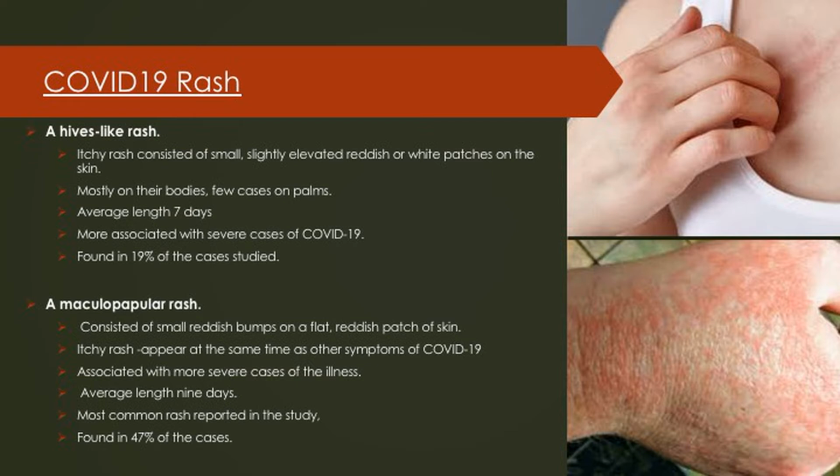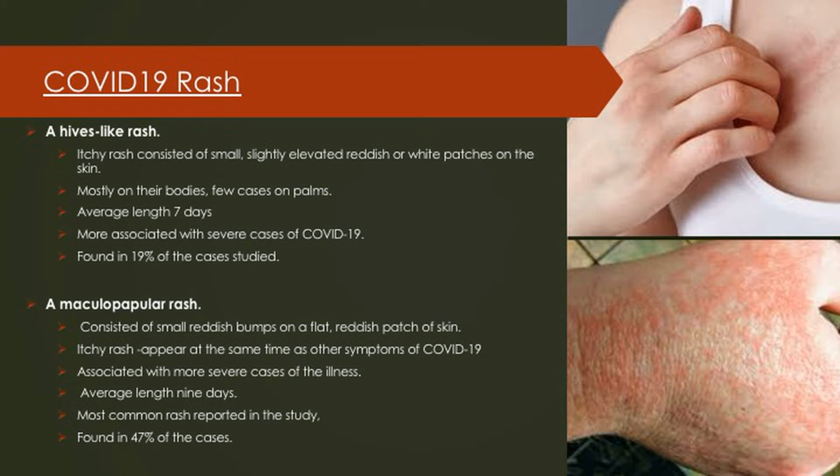Okay. There's also a maculopapular rash. We call it maculopapular because it's a full surface area that you see this redness. It can cover the hand, it can cover the arm, but it's an itchy rash also. And it appears at the same time that the symptoms come. It resembles what we usually speak of as like a febrile rash.